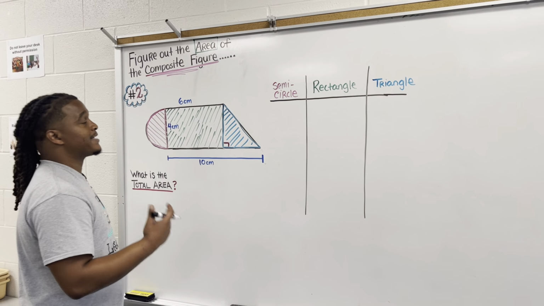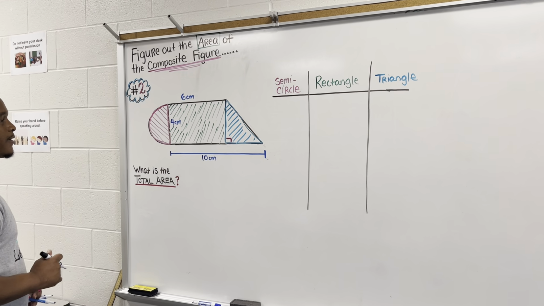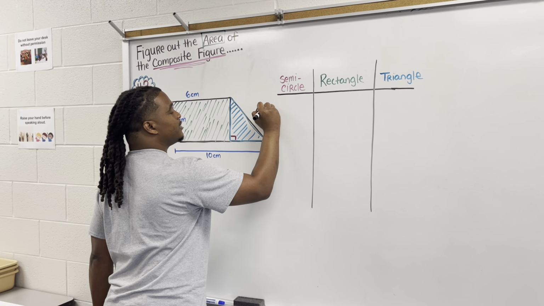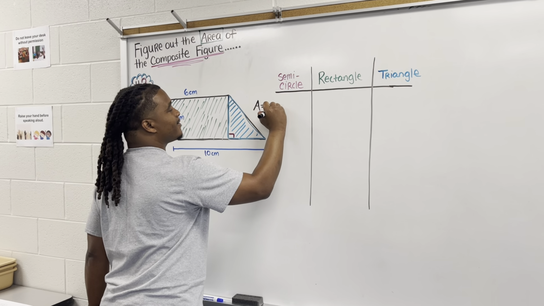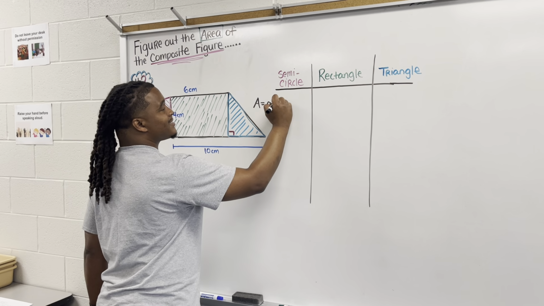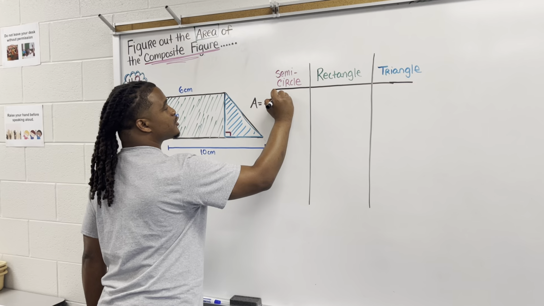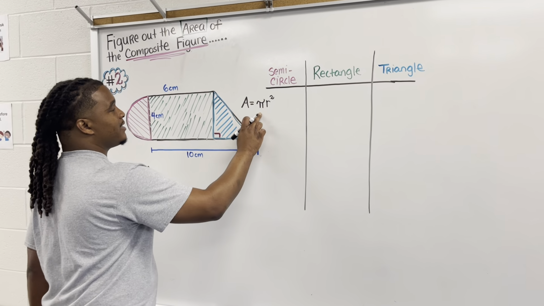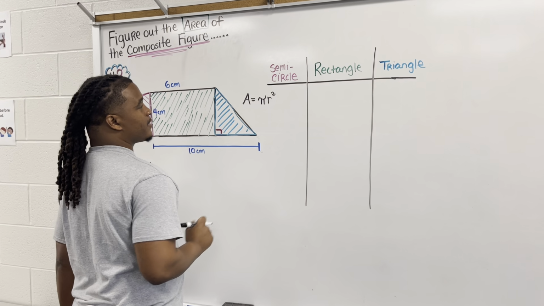So the area formula of a circle is pi times r squared, or r to the second power. Pi has a particular value, and we're going to go over that value. All right, pi times r squared.